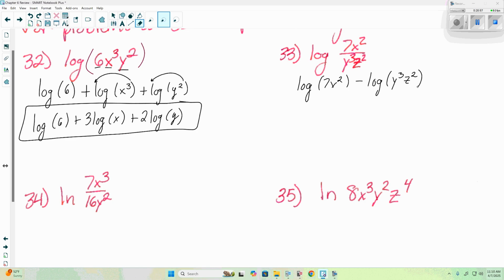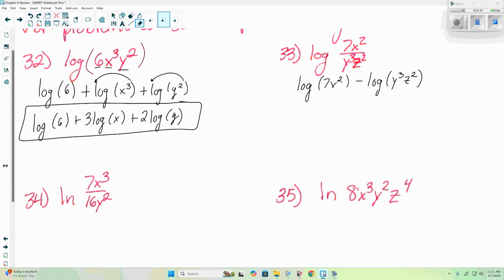Log of the top minus log of the bottom. Since we have expressions on the bottom of the fraction, we're going to have to split those apart, but our log of y and log of z should both have a minus in front of them. They're both in the bottom of the fraction, so they're going to need that minus.